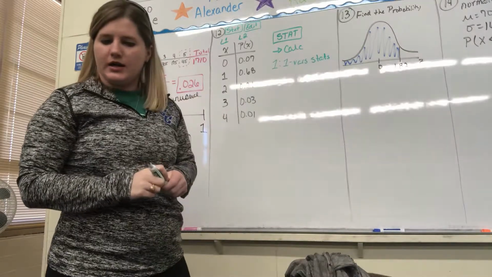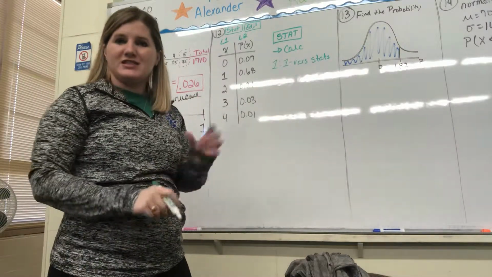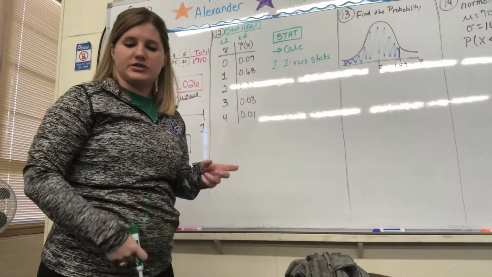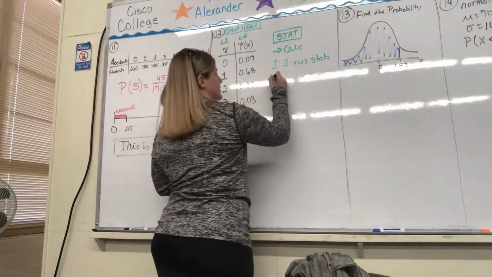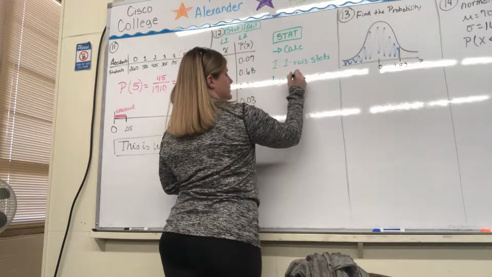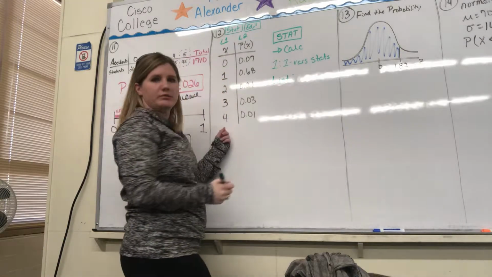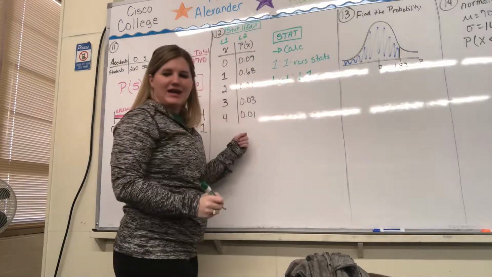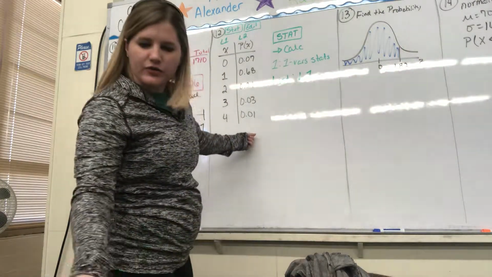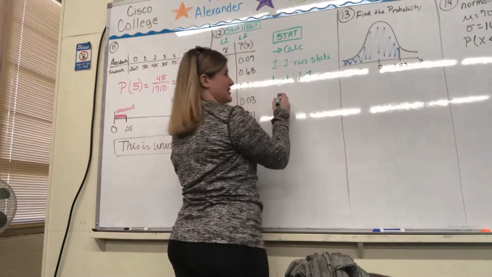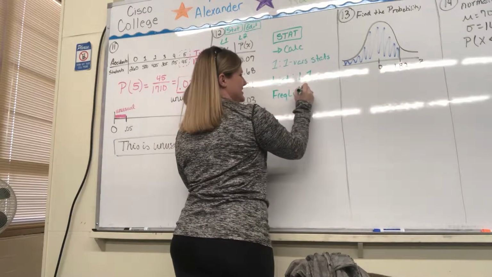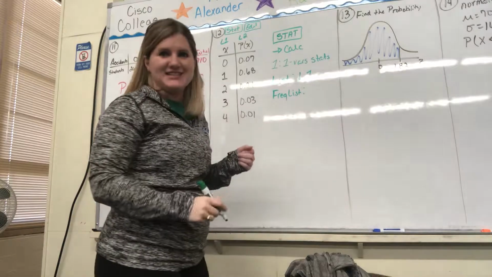Then on this next screen, it asks us for the list. That is what we put in L1. We need to make sure we have L1 there. And then the next thing is the freq list, that's the frequency list.